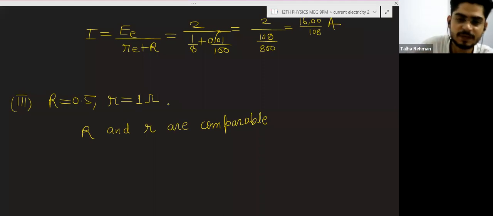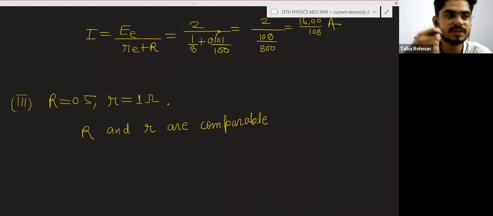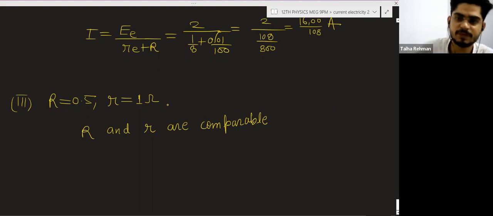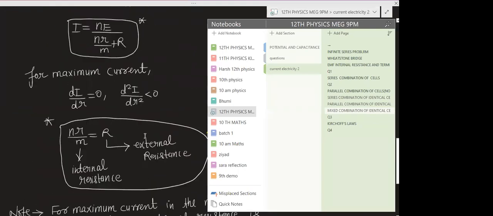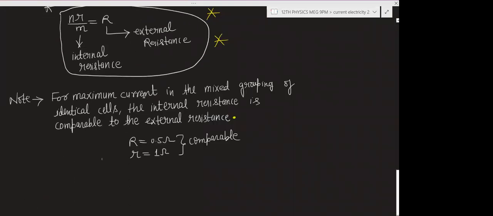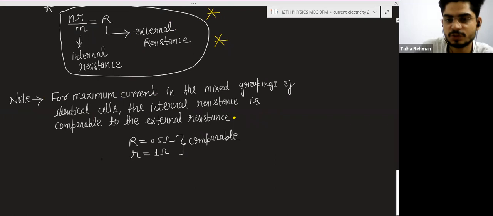So if the internal resistance and the external resistance are comparable, which combination will we use? Hamza, we had just discussed. See here, for maximum current in the mixed grouping of identical cells, the internal resistance is comparable to the external resistance.